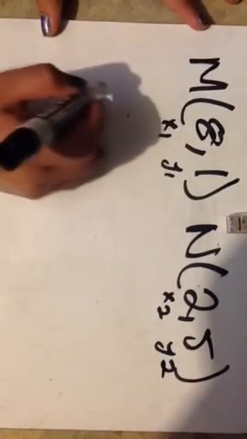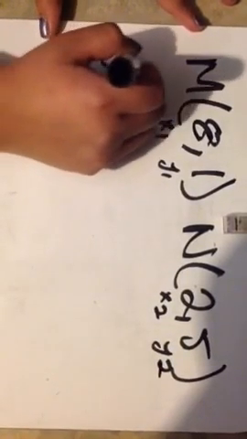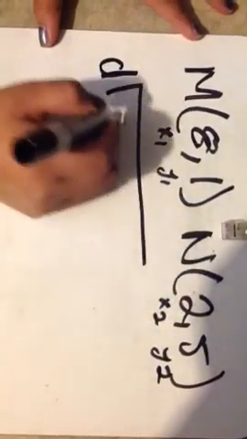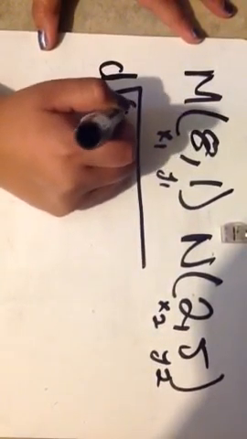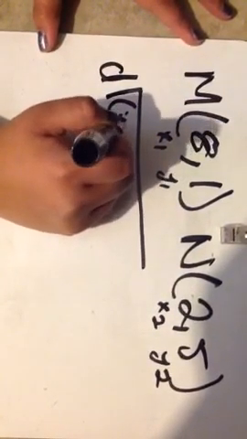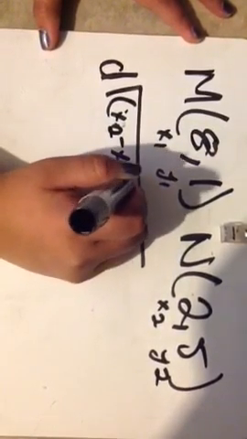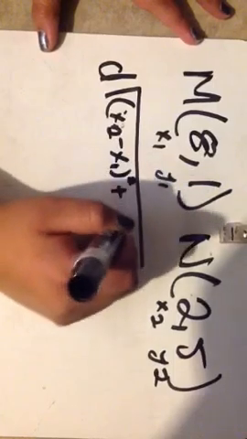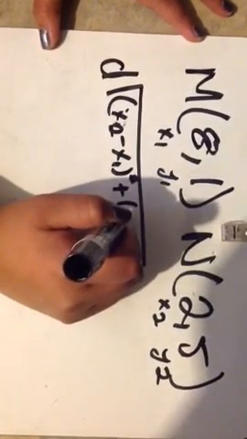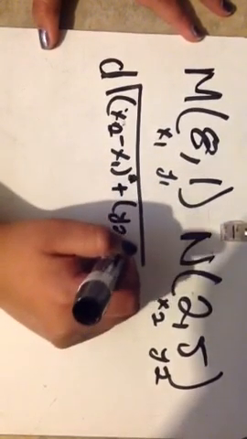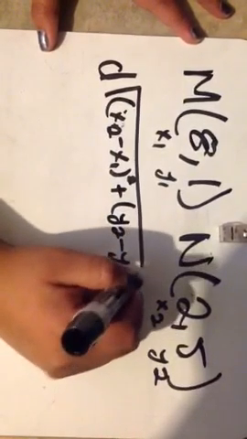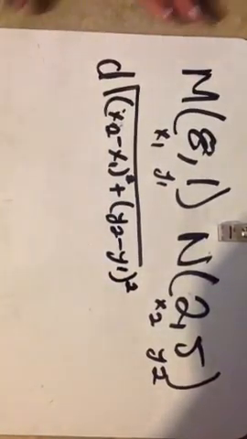Now, for the magnitude, you're going to have to use the distance formula, which would be X2 minus X1 squared plus Y2 minus Y1 squared.